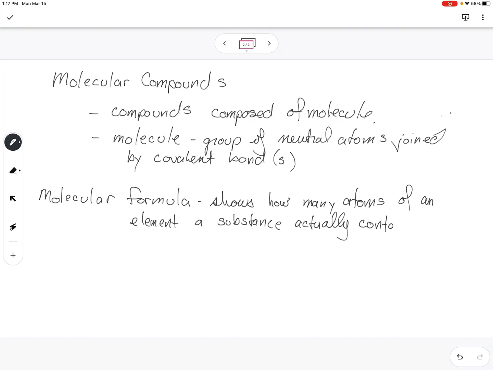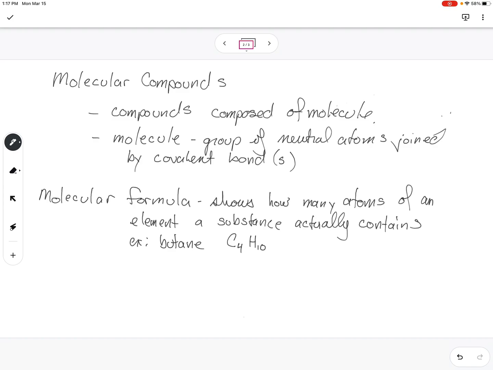Remember, with an ionic compound, we're looking at the lowest ratio. That's not true for molecular formulas, right? So we could have something like butane. The molecular formula for butane is C4H10.